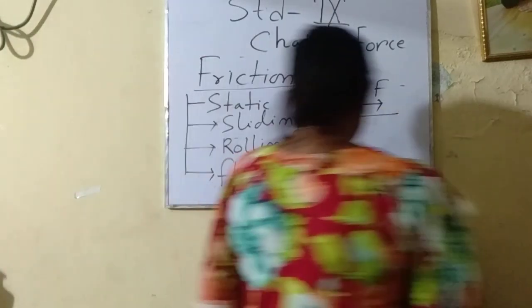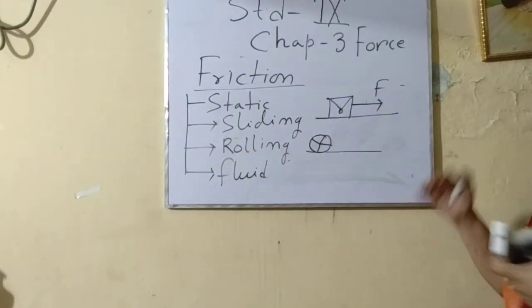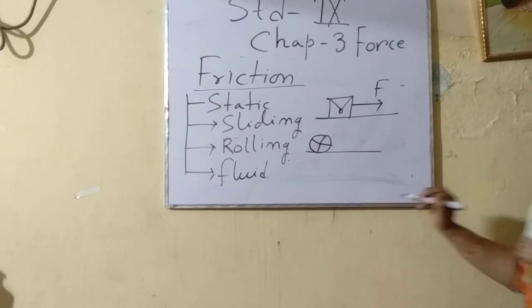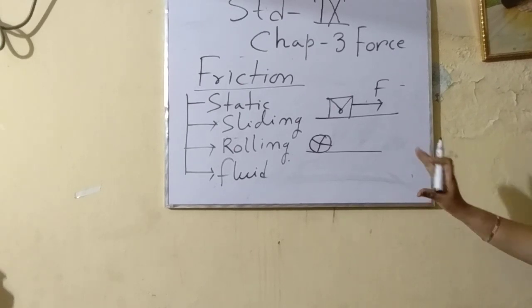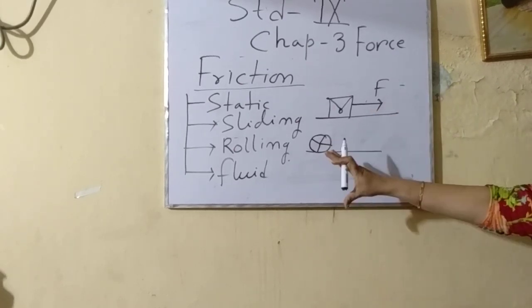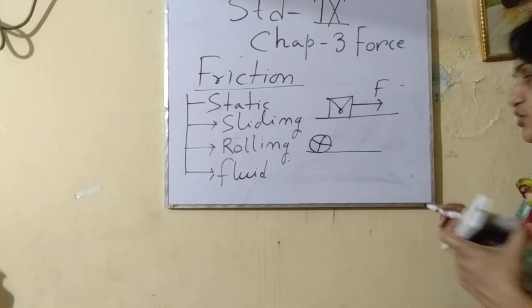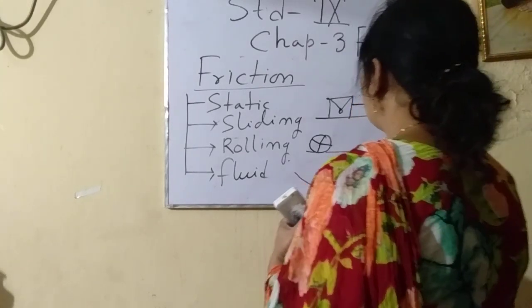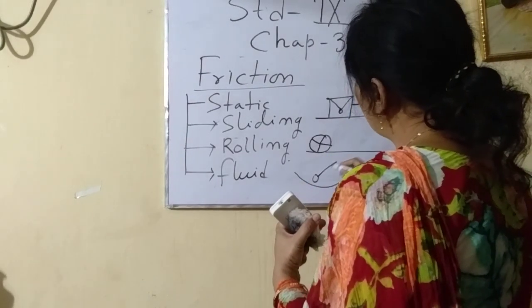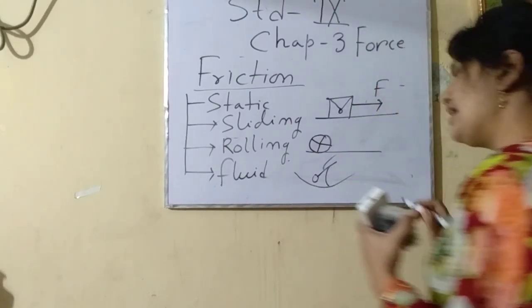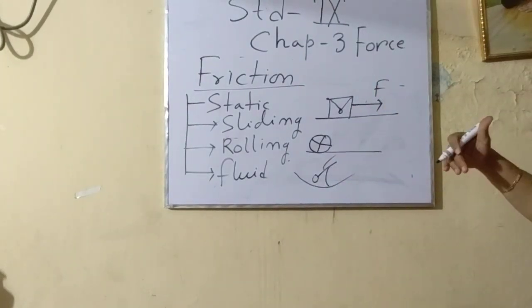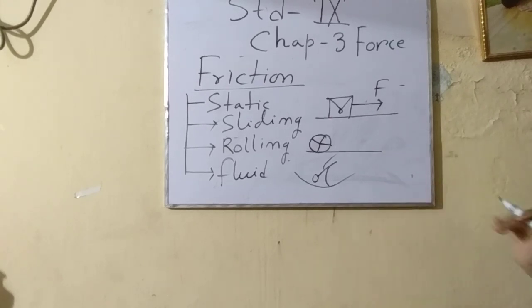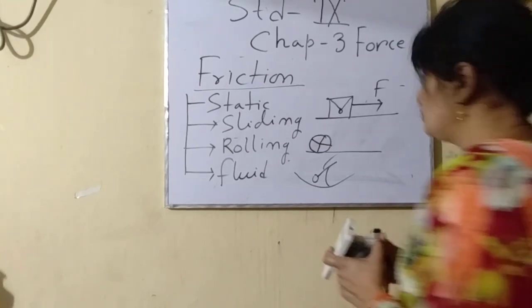When a person descends by using a parachute, the friction with the air, with the surface of the body of that person, will be fluid friction. Again, when we swim in a swimming pond, at that time our body has some friction with water, that is also fluid friction. Do you understand?